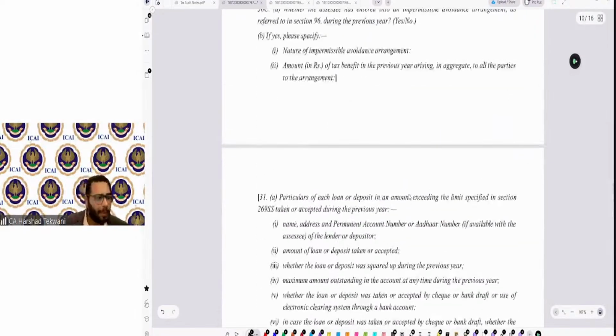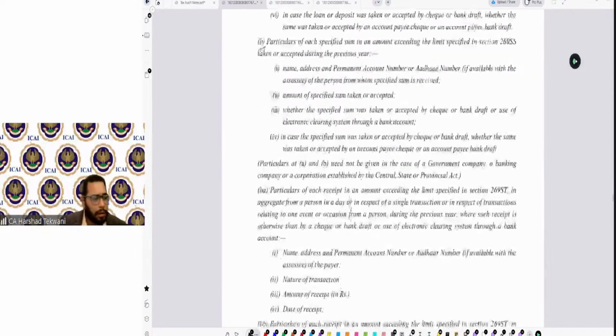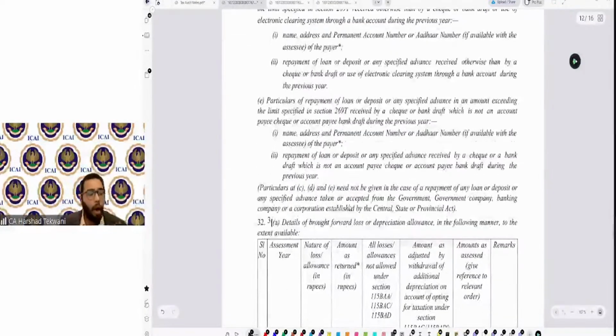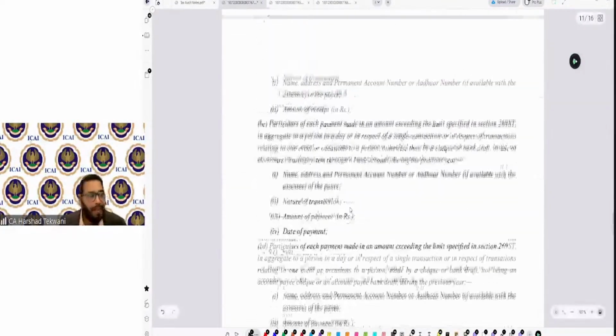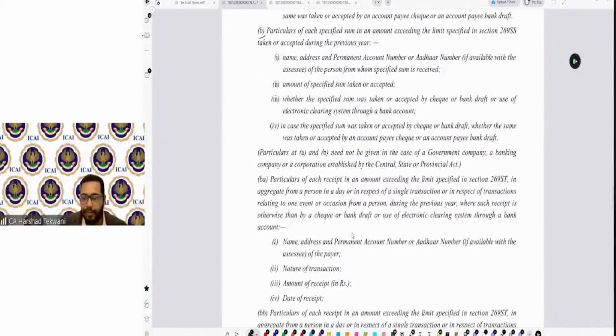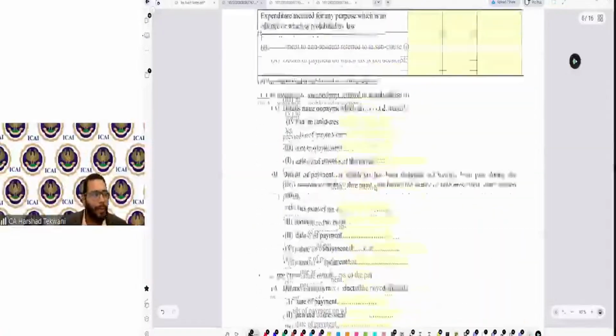For example, this one, 31: 31A, 31B, 31BA, BB, BC, BD, C, D, E. The whole clause 31 is based on sections 269SS, 269ST, 269T and so on. By practicing, by seeing and working on the Form 3CD in real life at your articleship, you will start remembering the things. Don't worry about the clause number part; rather focus on understanding the requirement of that particular clause.